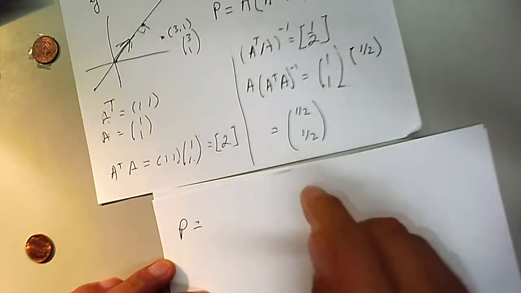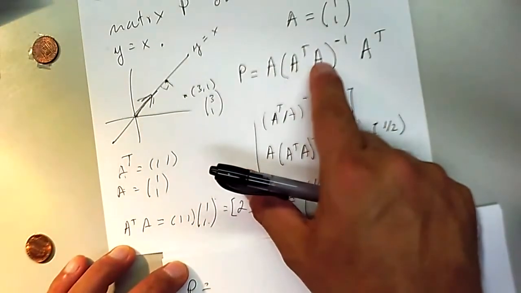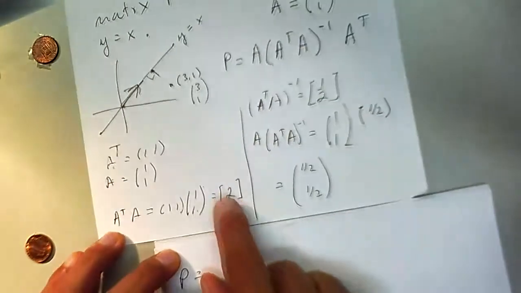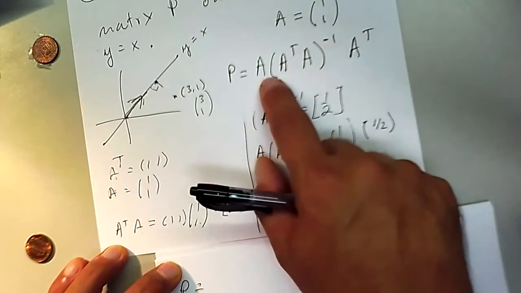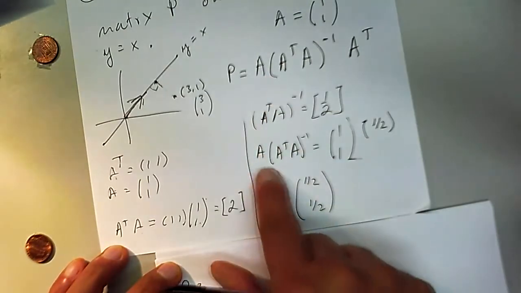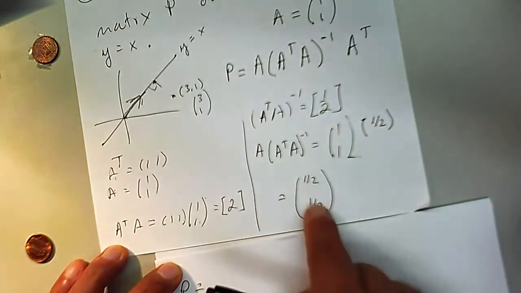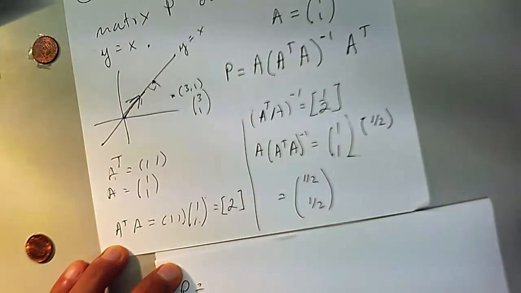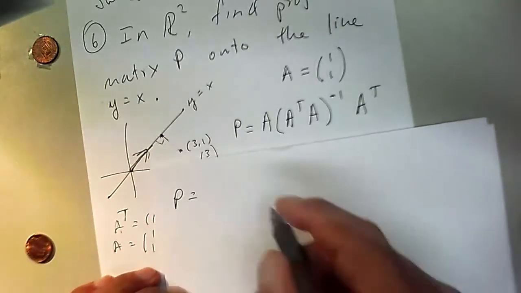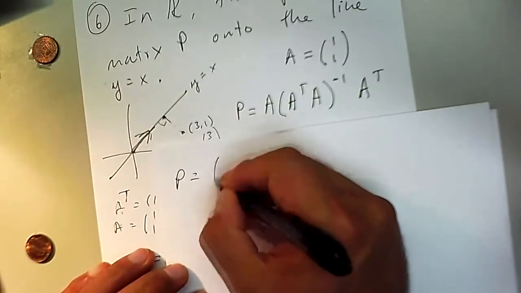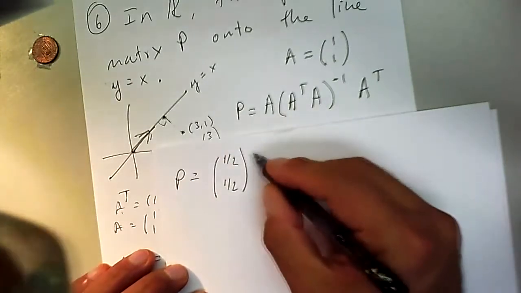Okay. So P, that's our final step. I was doing this step by step. So those two first, the inverse, so that was the 2. The inverse is the 1/2. And then multiply with that, that's here. So all of this is this matrix, but now we're gonna multiply by the transpose, and that's gonna be our projection matrix P. So P will be 1/2, 1/2. We can probably factor out the 1/2, but I'm gonna leave it alone.